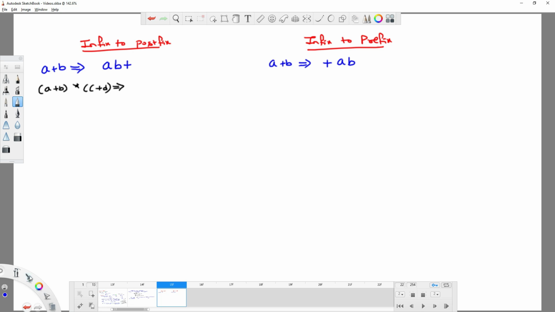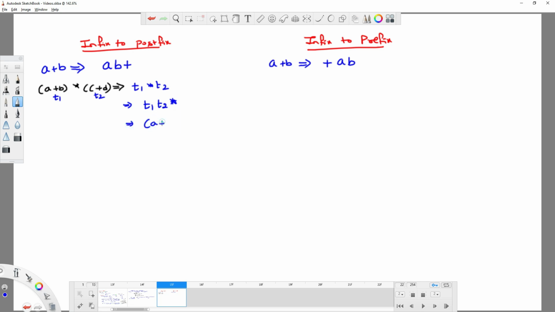Let me take this expression as t1 and this expression as t2. Then it looks like t1 star t2, following the operator precedence. Then you get t1 t2 star as the postfix expression, and now try to substitute.